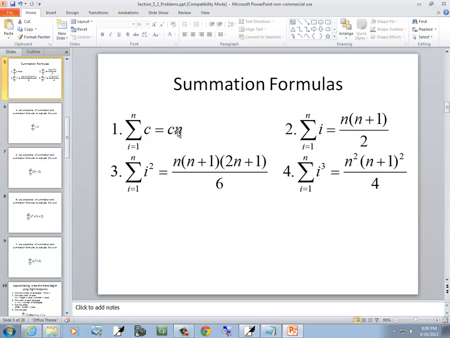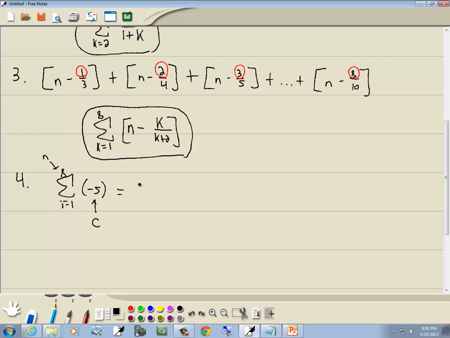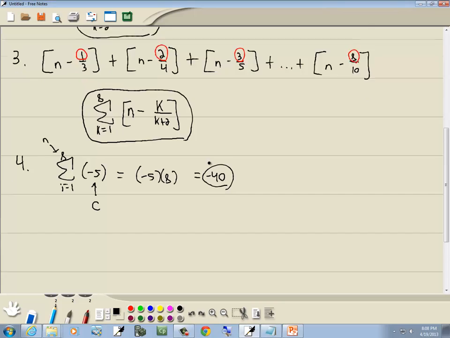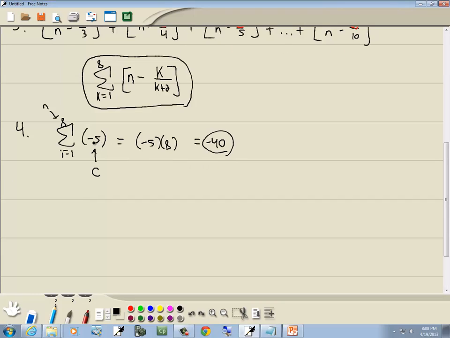So this adds up to C times n. So we're going to have negative 5 times 8, and that gives us negative 40. And that's our answer. So again, if you have a number you're summing up, you just take that number times n.